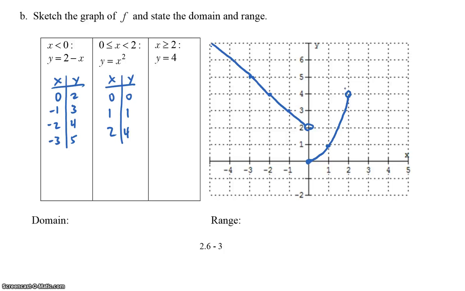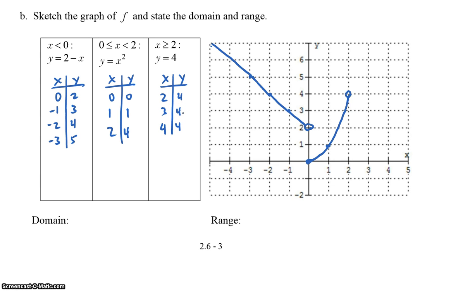And then for x greater than or equal to 2, f of x equals 4, which is a constant function. And again, I'll just plot some points here. 2, 3, 4. The y value is always 4 here. So we always get 4 for the y value.